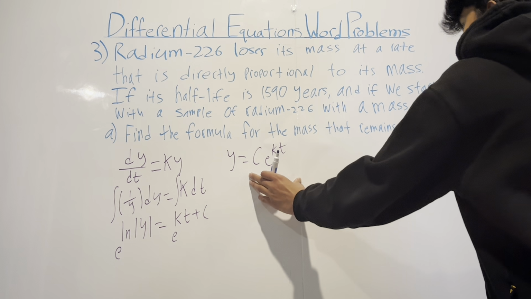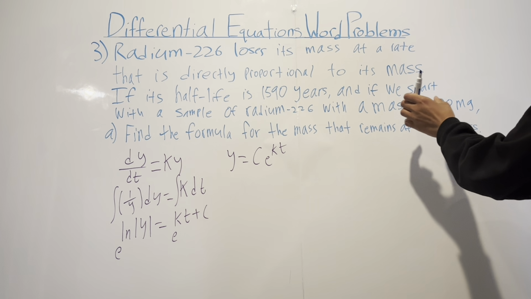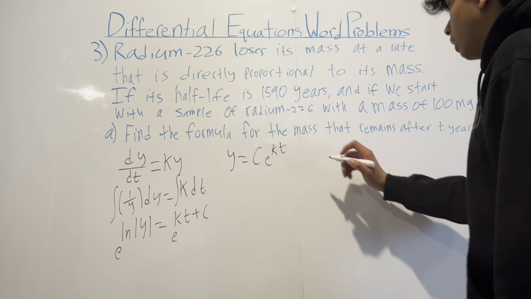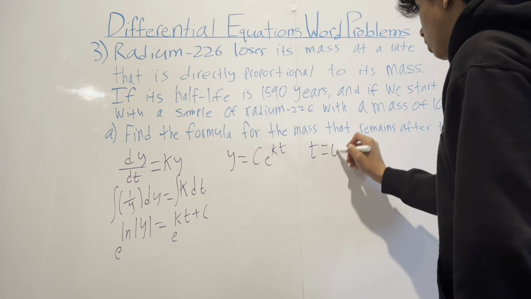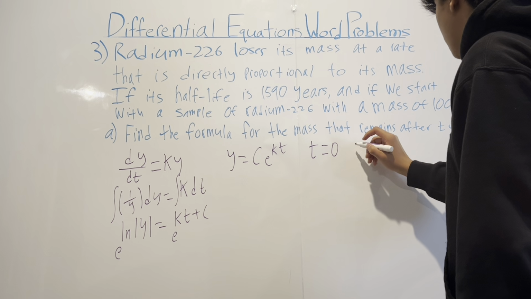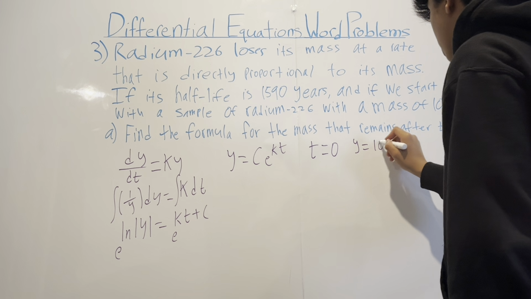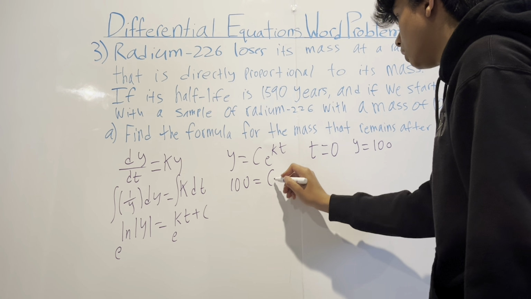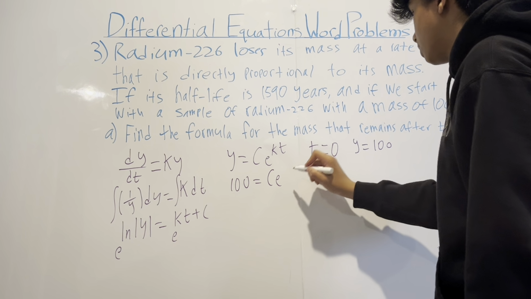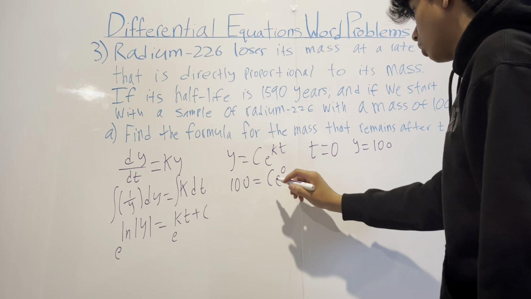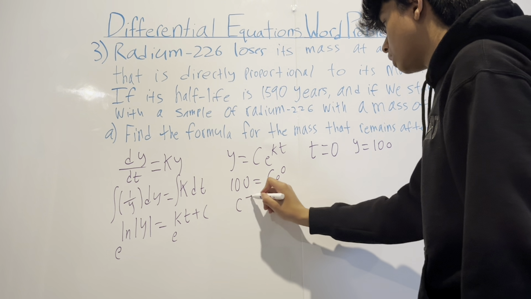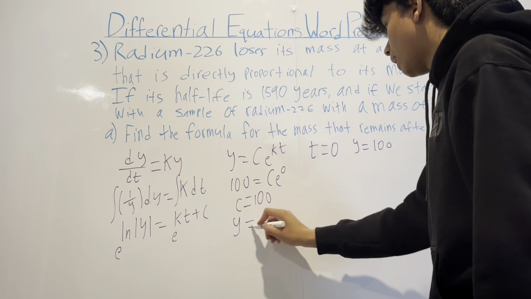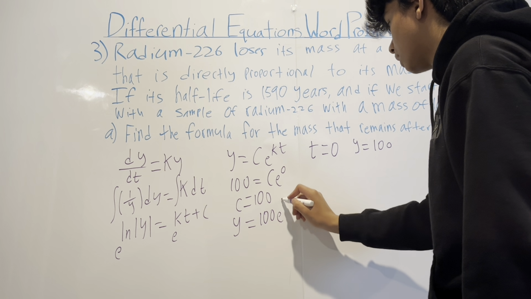Now for this, we are also given that we start with a sample of radium-226 with a mass of 100. So when t is 0, no time has passed, the amount of mass is 100. So 100 equals c e to the k times 0, which is just 0. So e to the 0 is 1, so c is 100, but we're still not done yet. Now we have y equals 100 e to the kt.